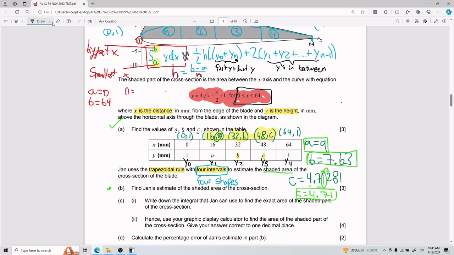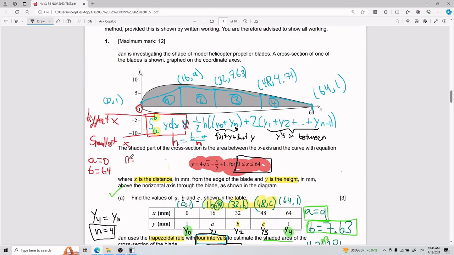Okay, so y0 is of course y0, and yn is your last y, which is y4. And so y4 is my yn, so n has to be 4. And there are my 4 intervals. There are my 4 shapes. Bada bam, bada boom, n equals 4.